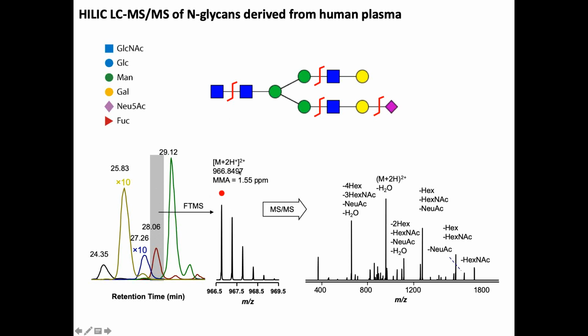This is its measured mass to charge, and this structure would give rise to a mass measurement accuracy of about 1.55 parts per million. If we now isolate just this monoisotopic peak, not the other M1, M2, and M3 peaks, when we fragment it, you can see the different fragment ions associated with these red lines showing the different fragments that can occur.